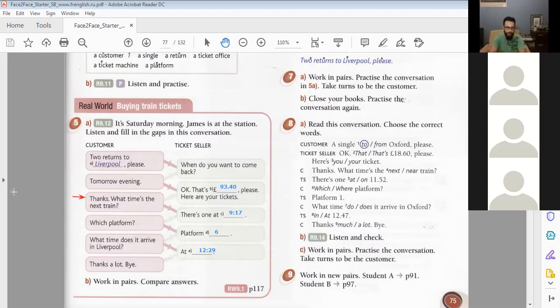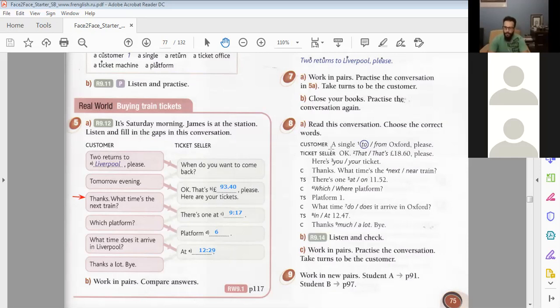There's one at 9:17. Which platform? Platform 6, okay. Media's internet cut out. Okay, what time does it arrive in Liverpool? At 12:29. Thanks a lot. Bye.